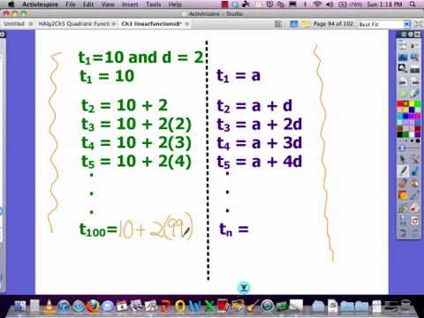Over here in the generic version, if we know our first term is a and we know our constant difference is d, we are looking at 1 less value every time. So we get down here to t sub n, we should be able to say a plus 1 less than our current counter, n minus 1, times that constant d value that we found was our difference. That will be the formula that we call the arithmetic explicit sequence.